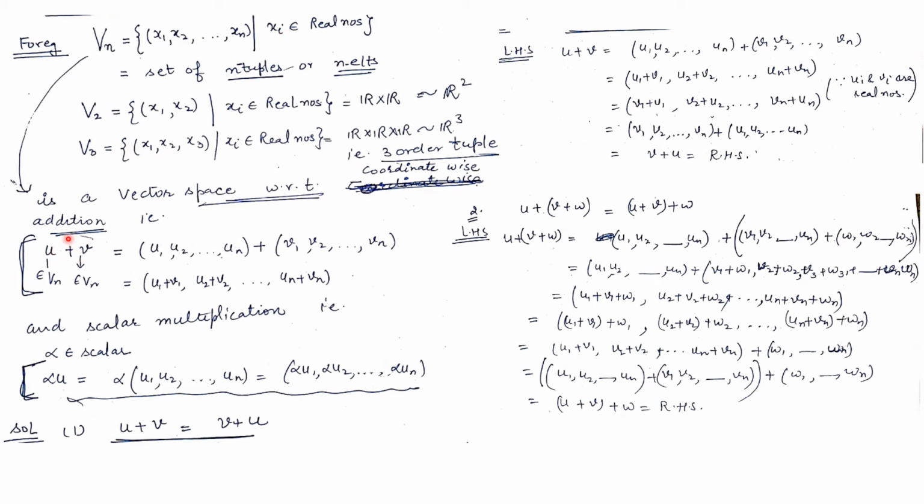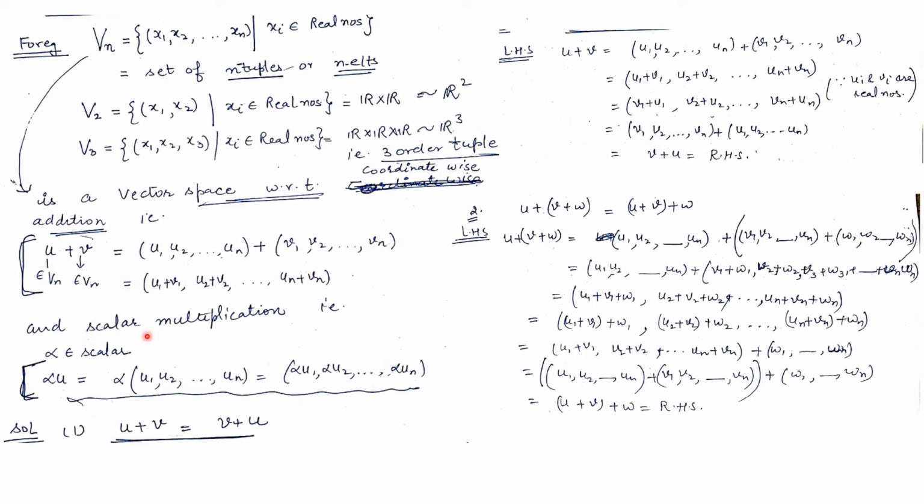The addition is defined. You have to add the elements coordinate wise, means फर्स्ट कोऑर्डिनेट में ऐड होगा, सेकंड कोऑर्डिनेट में ऐड होगा, थर्ड कोऑर्डिनेट में ऐड होगा, एंड सो ऑन. So here this binary operation is defined like this. If you take any two elements from Vn, you apply this binary operation over here, means you have to add the numbers coordinate wise, right?